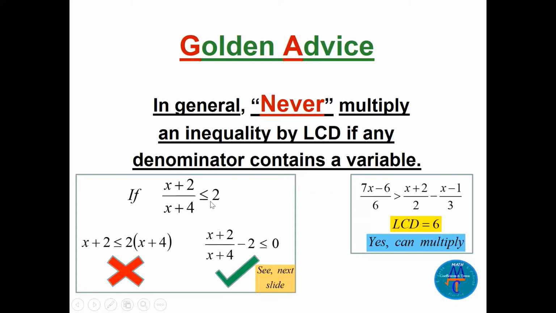Instead, you have to take the 2 to the other side, and see the next slide. So this is correct here. And then you have to add or subtract. See, minus, we subtract. If there is a plus here, we add. Now the LCD, yes, we can, if the LCD is constant, like 6 or 10 or 50 or 20 or 100, whatever. Okay, I think this is clear now.